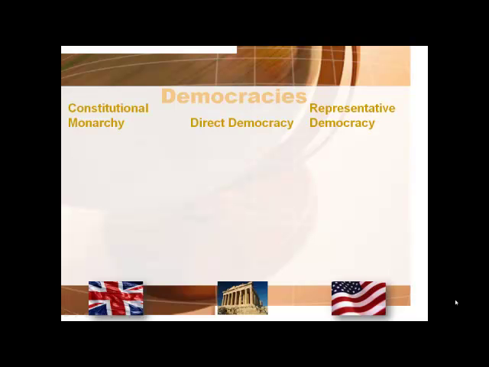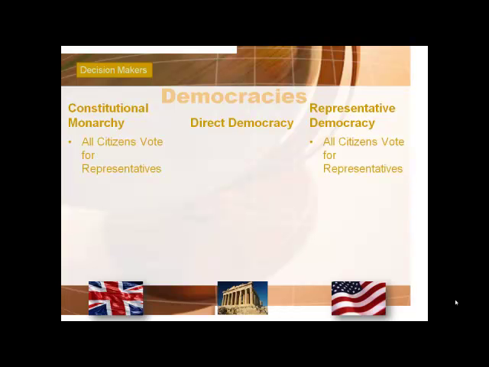All right. A couple of different types of democracies then we're going to go through. We have a constitutional monarchy, as we would find in Great Britain, a direct democracy in ancient Athens, and a representative democracy, which we have today. So we look at our questions again. The first is, who is going to make decisions? In a constitutional monarchy and a representative democracy, we see citizens vote for people who will represent them.